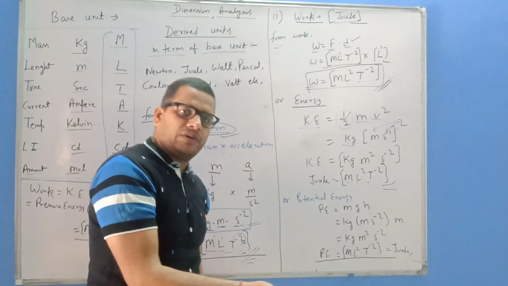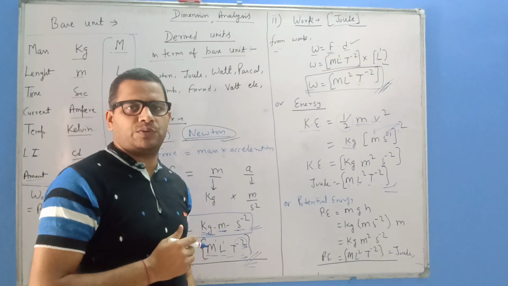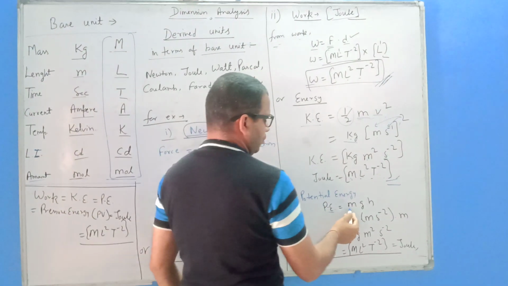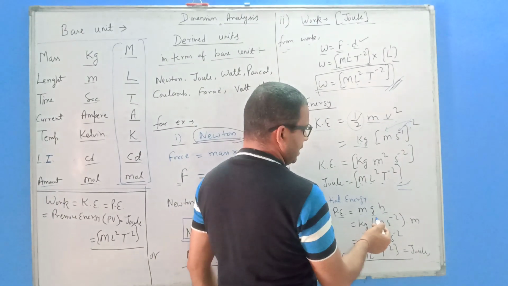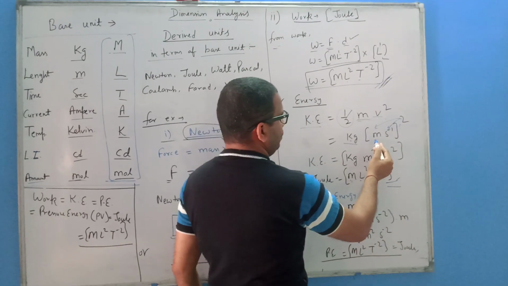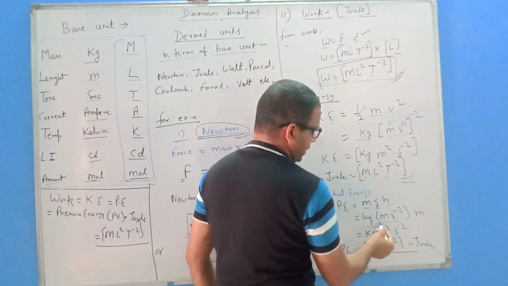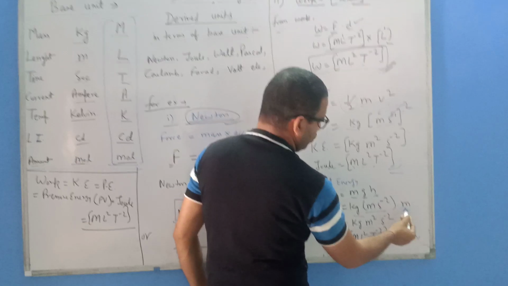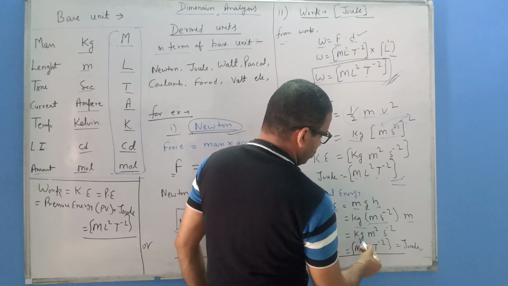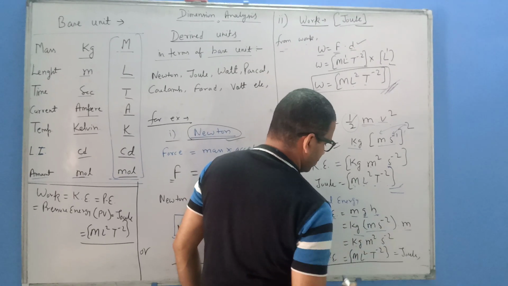The same we can derive with the help of potential energy also. We know the potential energy formula mgh: m is mass in kg, g stands for gravitational acceleration, which is meter per second square, h means height in meter. Meter into meter becomes meter square, so kilogram meter square per second square.